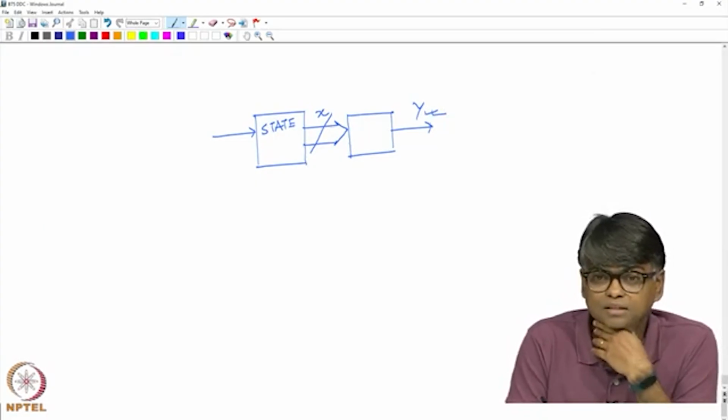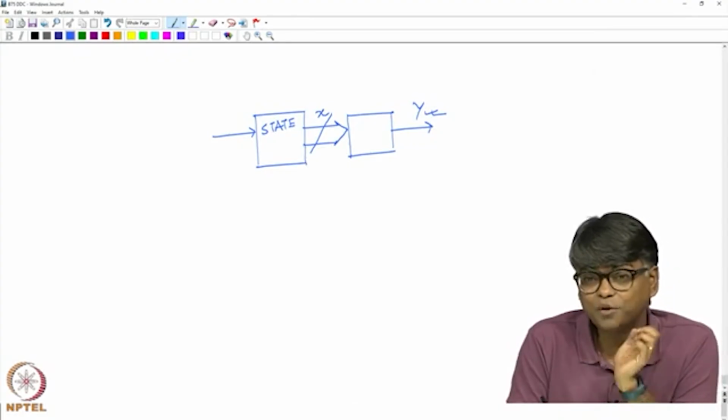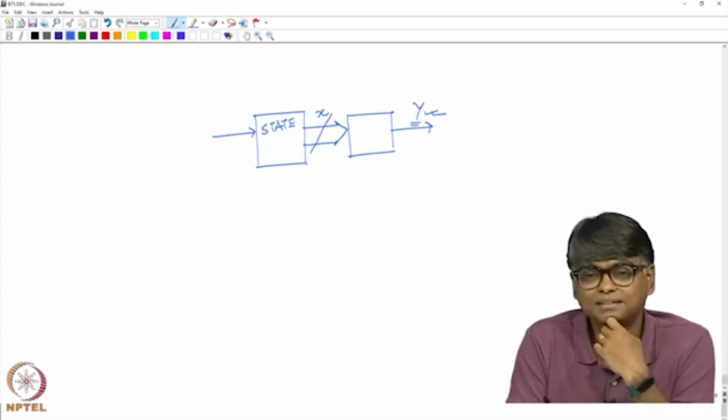So, although my state space system was second order, because of loss of observability, Y had only first order dynamics.